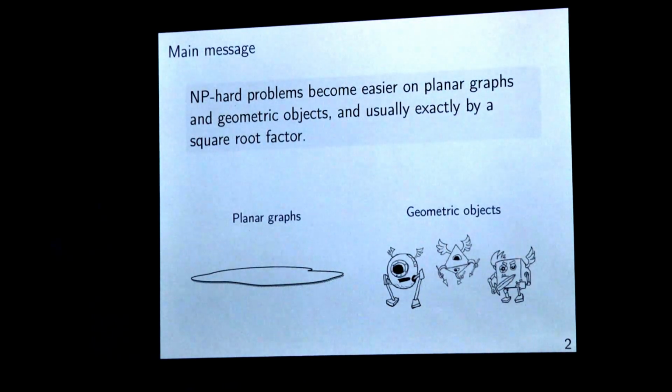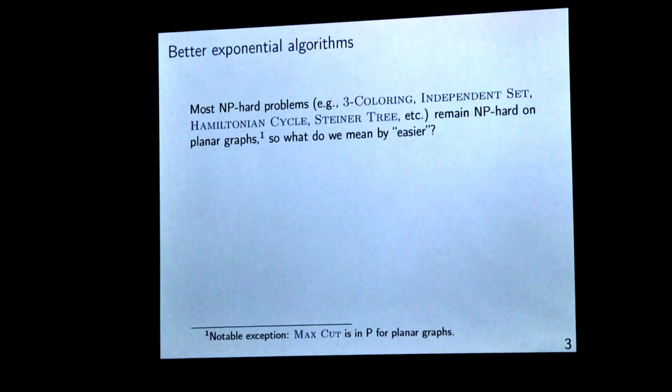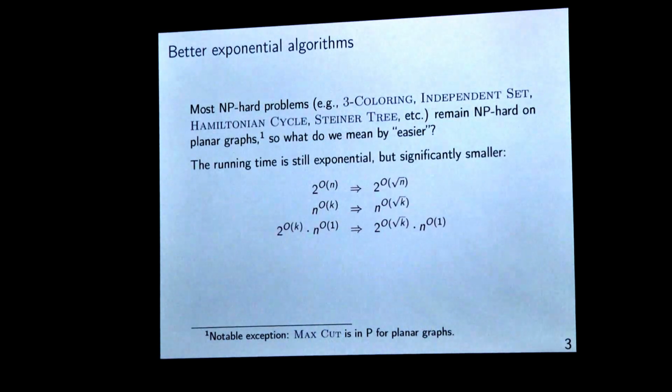But the other way of restricting is to put some topological restrictions, like planar graphs, H-minor free graphs, or graphs which can be defined as an intersection of some geometric objects, like unit disk graphs or disk graphs. So these are my objects, and generally most NP-hard problems turn out to be slightly easier. And I will explain what I mean by slightly easier. The running time is still exponential, but not in the truest sense.